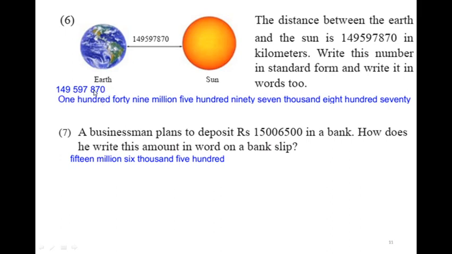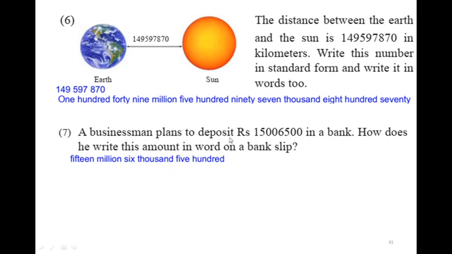Look at the number in standard form: 870, it is in the units zone. The next 3 are in the thousands zone and the next 3 in the millions zone. So we have 3 zones. So we can start with 149,597,870. So it is not difficult.